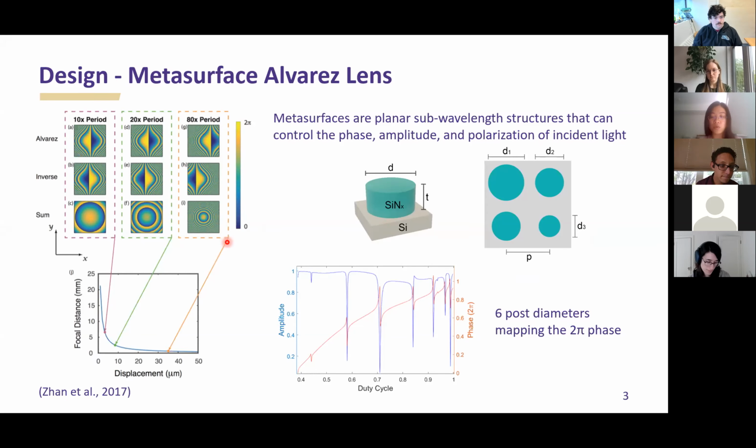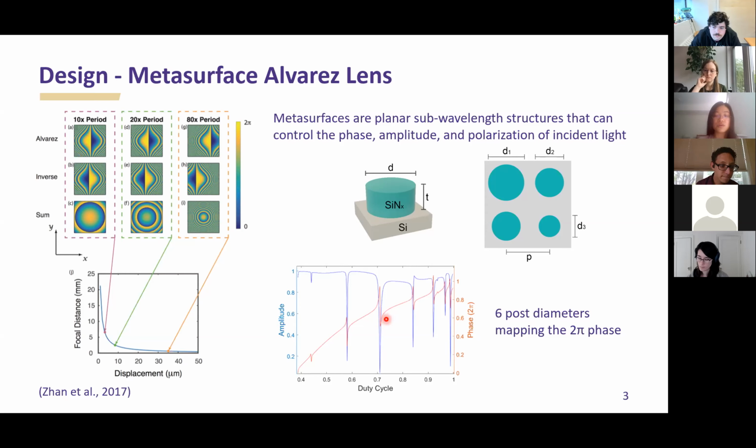And the optical power of the combined Alvarez lens is modulated by changing the center-to-center offset between the two phase plates, which gives a different optical power in the final converging lens. As shown in the plot below, if you have a larger center-to-center displacement between the two plates, you will have a shorter focal length. It's somewhat a reciprocal relationship.